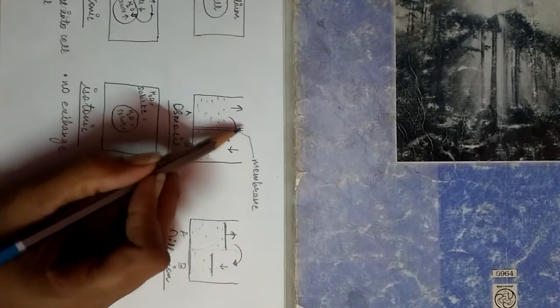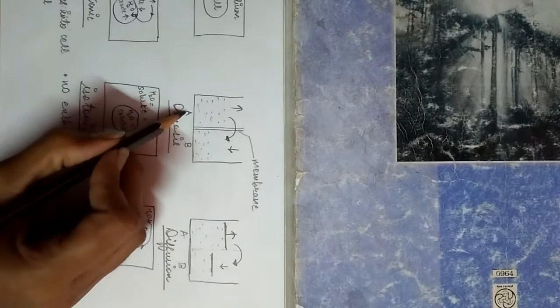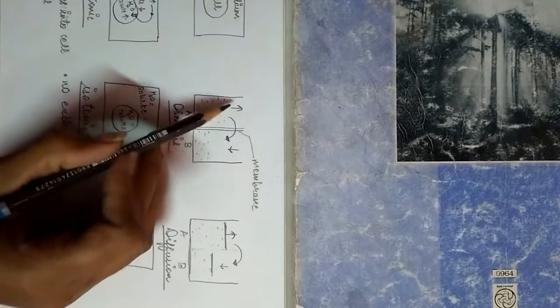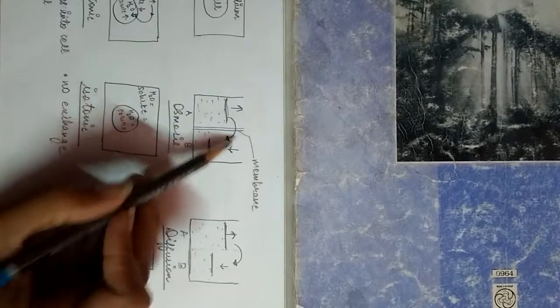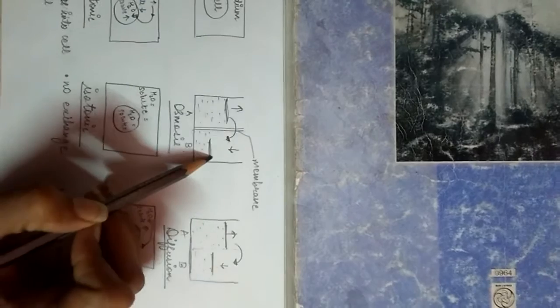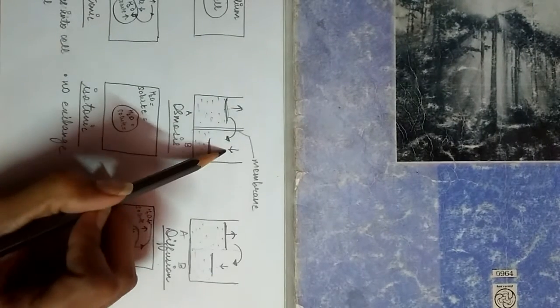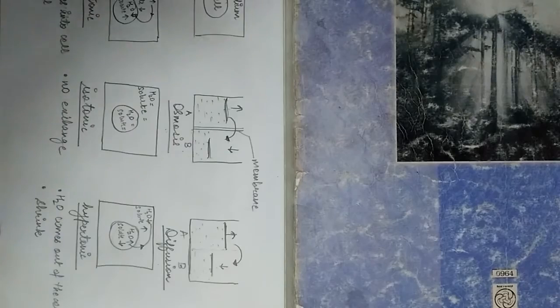But where there is a semi-permeable membrane between two media A and B, where A has higher concentration and B has lower concentration, and with the help of the selectively permeable membrane there is exchange of water from higher concentration to lower concentration, it is known as osmosis.